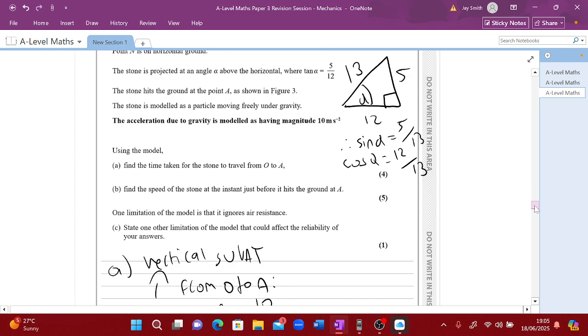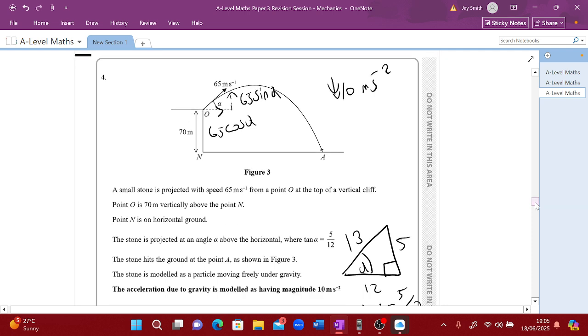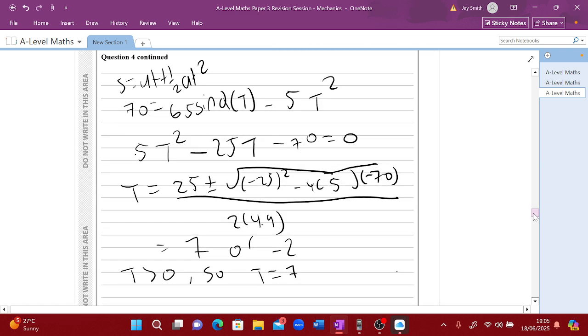Okay. Find the speed of the stone just before it hits the ground at A. So the speed is going to be the modulus of the velocity, but we want the velocity at A overall. So we're going to need to consider the velocity at A in both components.